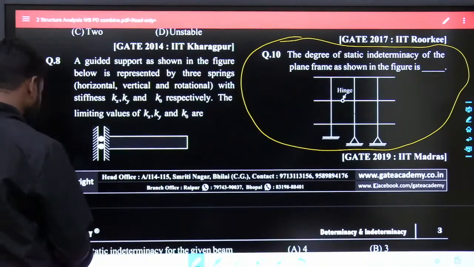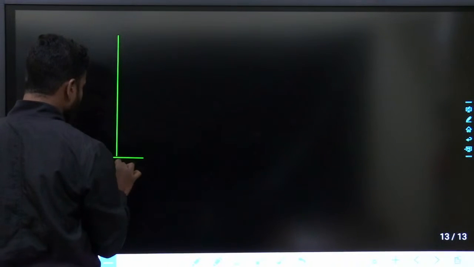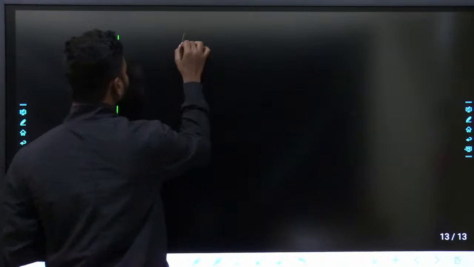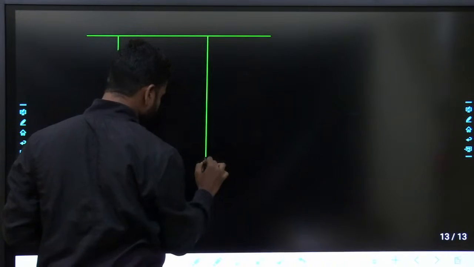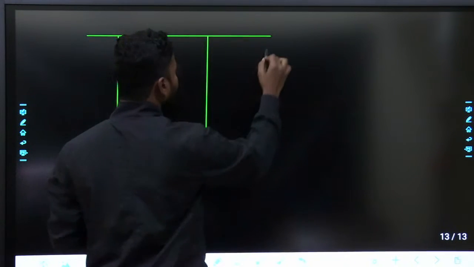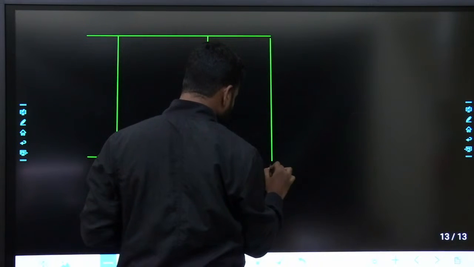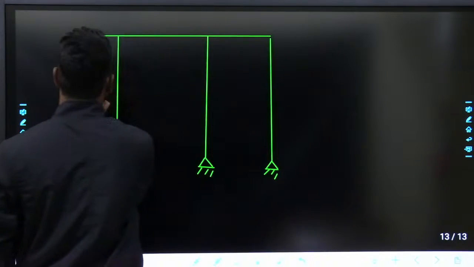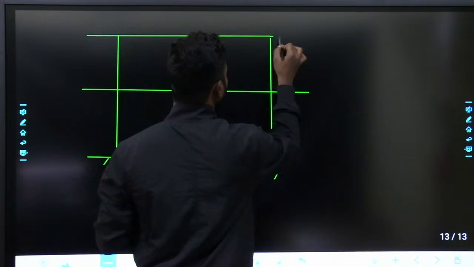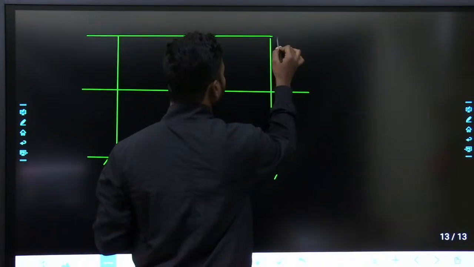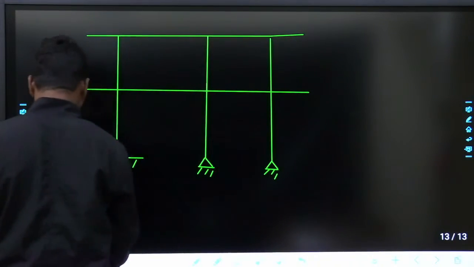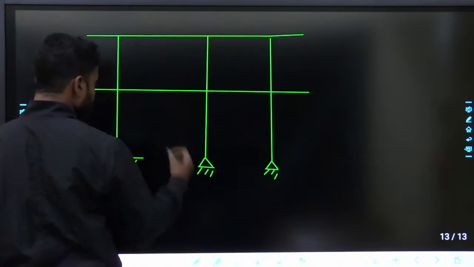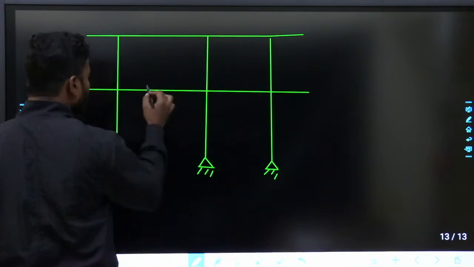Fixed, hinged, hinged. Understand and do that.